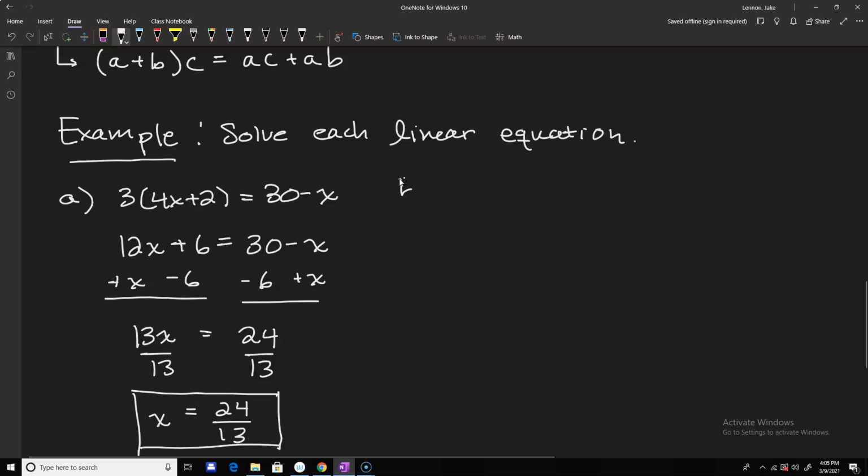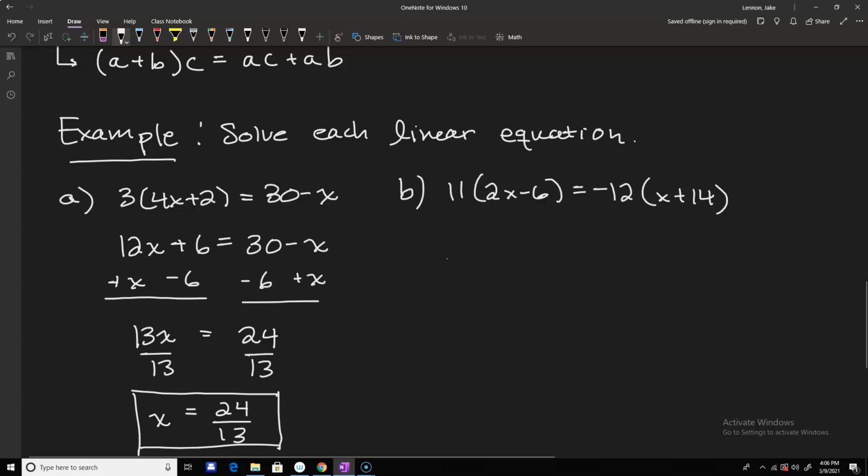Okay, B, let's have another look at one of these. It's going to drive me crazy, a little dot there. So for B, this one will distribute on both sides even. 11 times the quantity 2x minus 6 will equal minus 12 times (x plus 14).